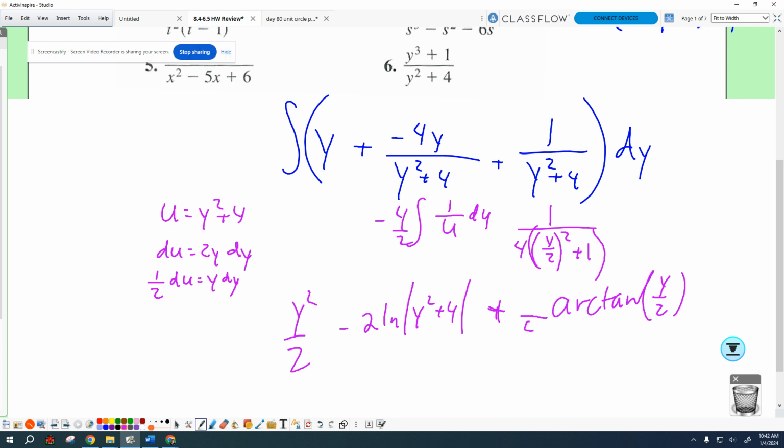There's a 4 in the bottom. Chain rule, divide by the derivative of the stuff inside, so divided by half is multiplied by 2, and we have plus c. Right?